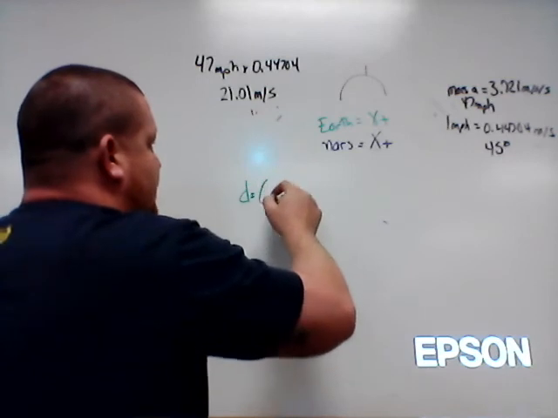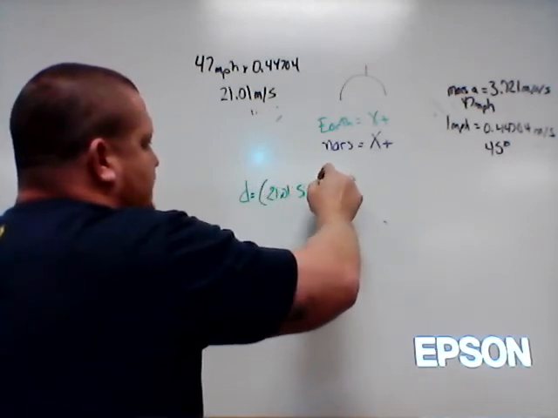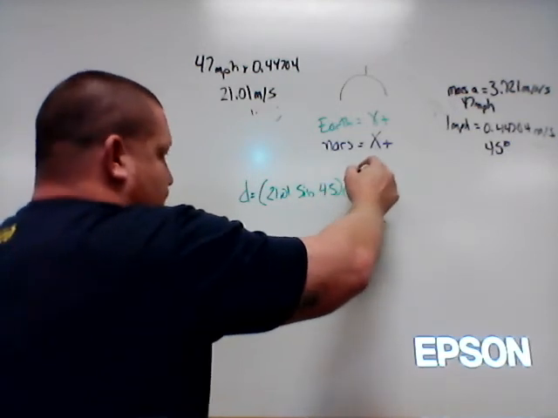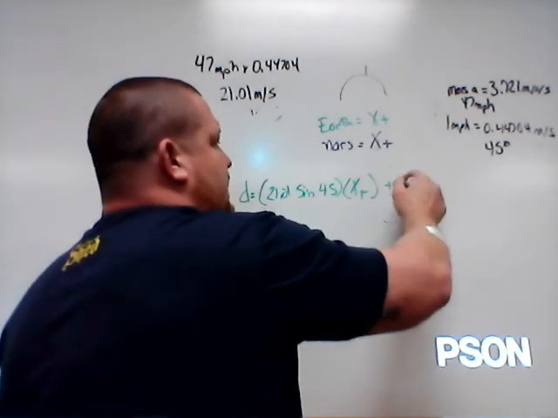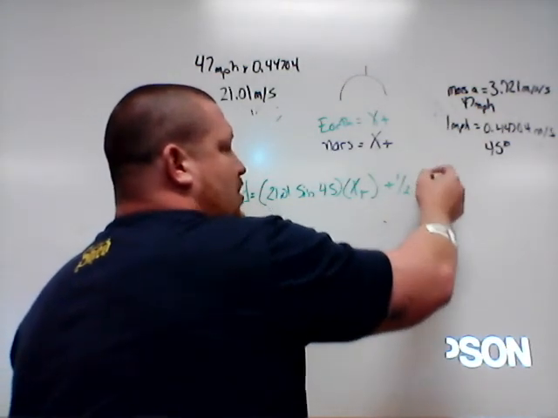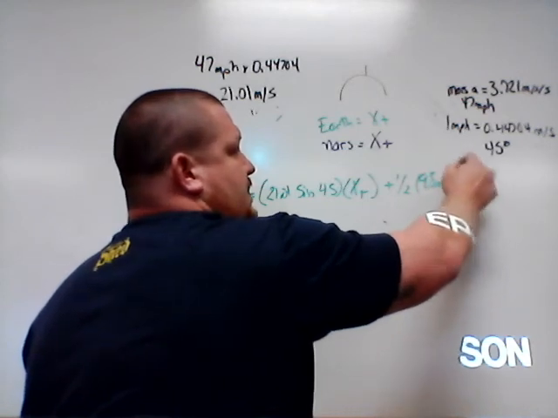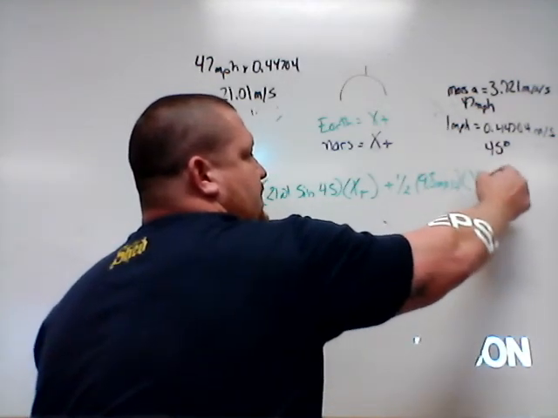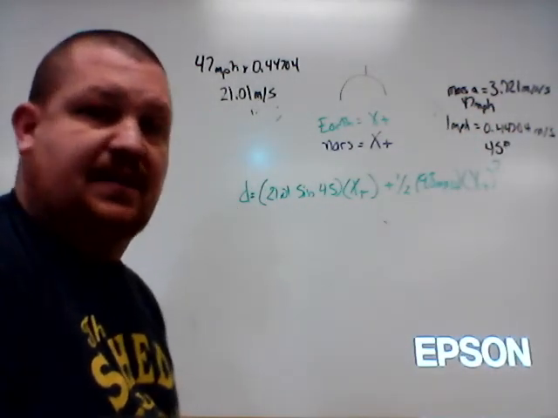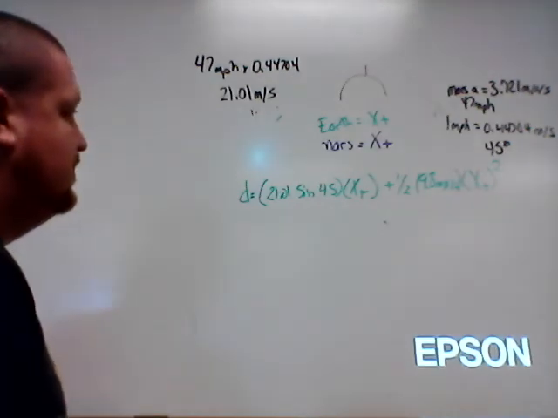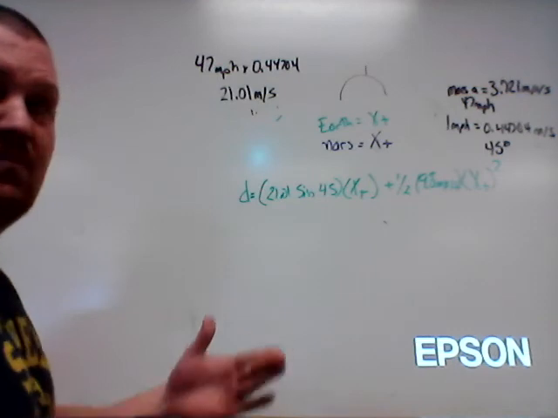Distance equals 21.01 sine 45, Earth time goes here, plus 1/2 Earth's gravity, 9.8, Earth's time squared. Solve it. Please excuse my dear Aunt Sally. Follow your rules. It gives you your height on Earth, your change in y.